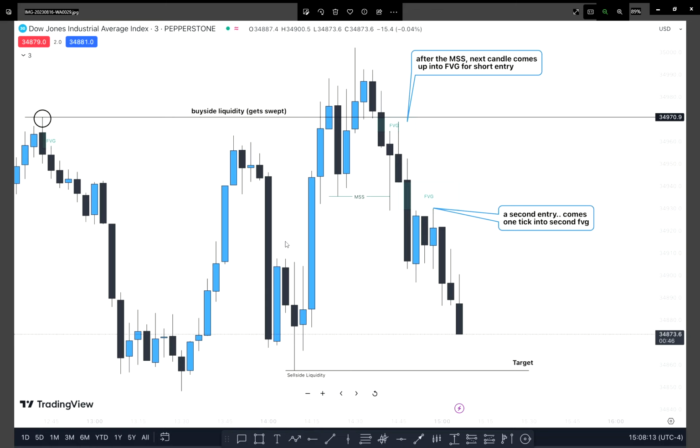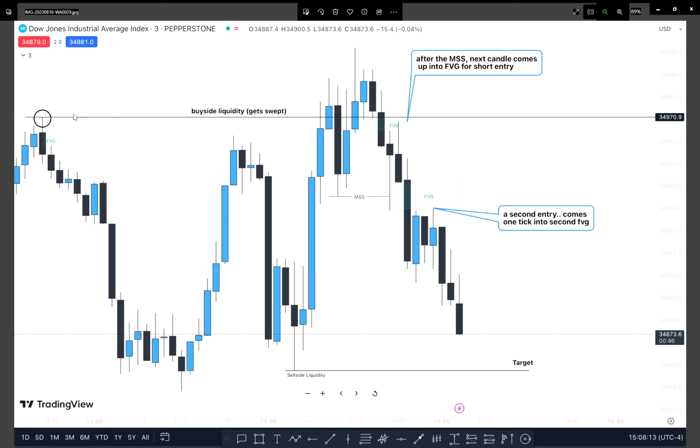So once again, the banks need all the money they can get to sell their large positions. So they want to sell into buy-side liquidity once again. This is kind of like a buy-side liquidity pool right here that they want to sell into. Pretty much they're looking for buyers above a double top or equal highs.